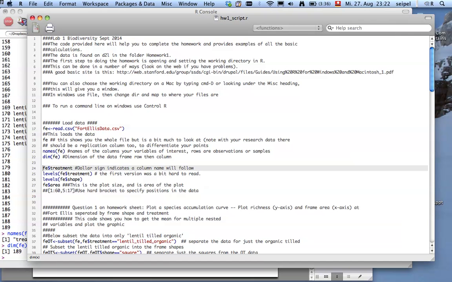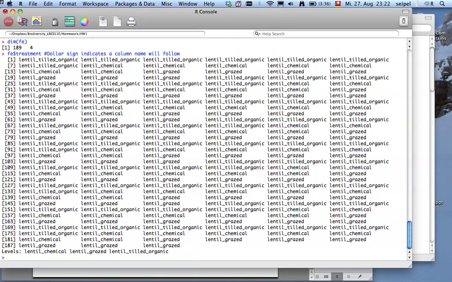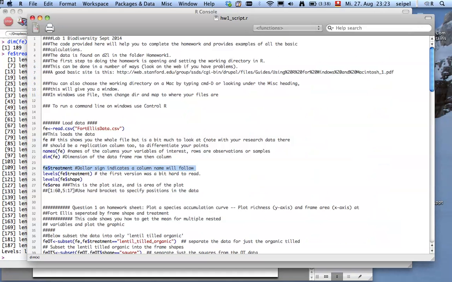When you use a $ sign in R, it expects that after the object you'll be referring to a column name, so we can see what treatment looks like and the unique levels. Remember, we have a lentil rotation that's terminated with herbicides, lentil chemical, we have lentil graze, and lentil tilled organic. And these are all in rotations with winter wheat, if you remember.